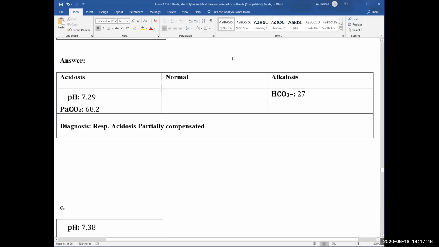It'll be like a case: a patient came in, ABGs are such and such, what's the diagnosis? Some of them are straightforward, some are a little tricky. I might give you, for example, vomiting or diarrhea. We know that diarrhea is acidosis, right?